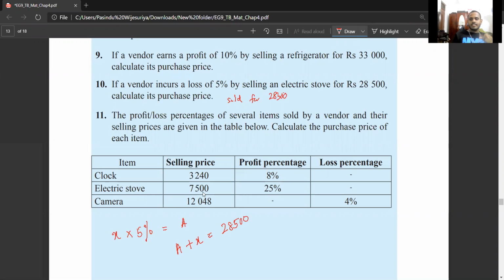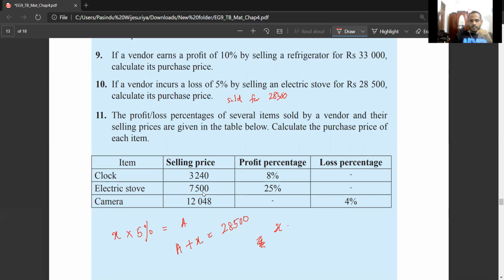So this is the situation where you will definitely need the second method I taught you before. We have to find x, the price that they bought it for.